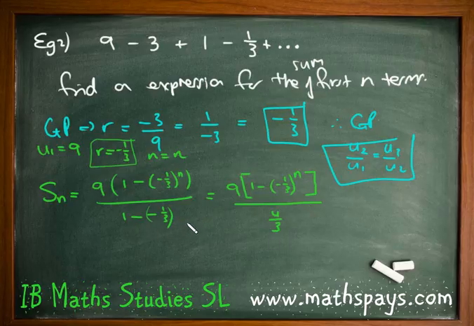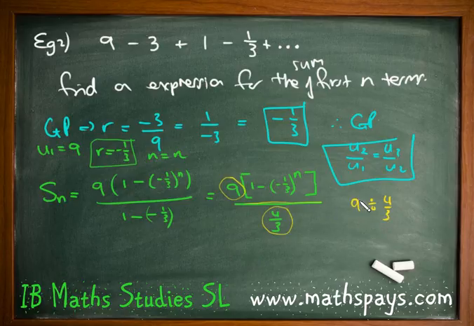I'm going to give you a little bit of a pointer here, something that's going to make life easier down the track when you have application questions. I don't like having this divided by 4/3 on the bottom. So what I can do is simplify this 9 divided by 4 on 3. Now your calculator will do that nicely for you if you simply type in 9 divided by 4 on 3.